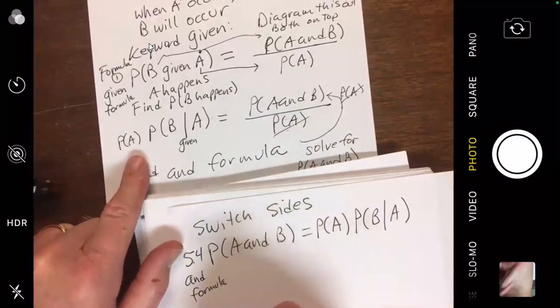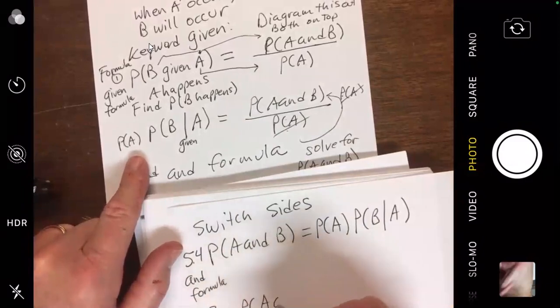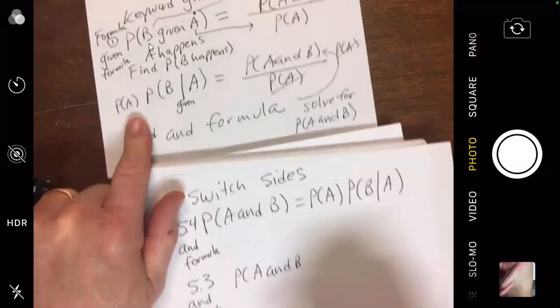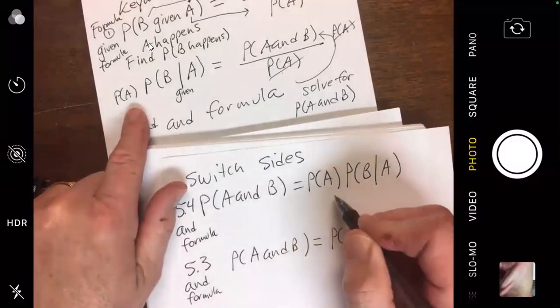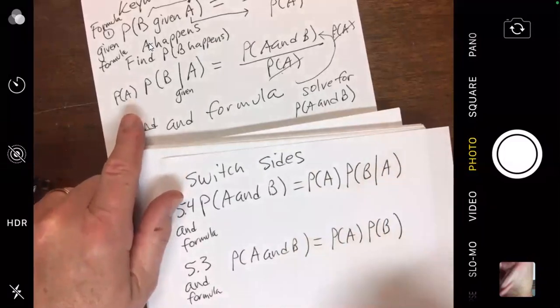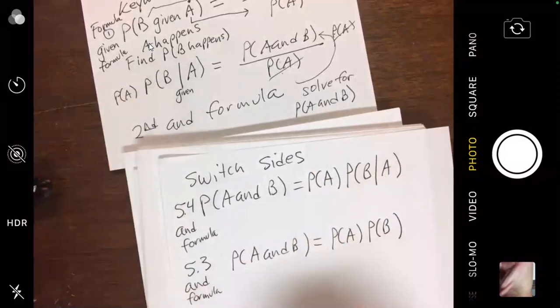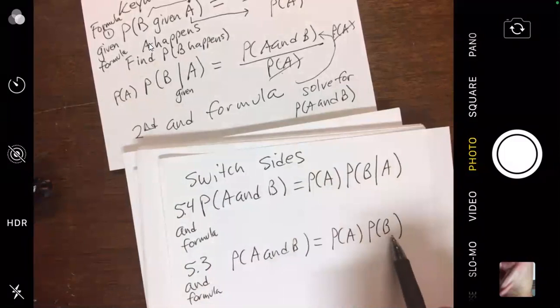Once again, to compare it to the 5.3 "and" formula, the probability of A and B, you have the first one just like this, but then you have just the second one. I know this all seems like a little bit of gibberish until you see some examples, but you can see that in 5.3 it doesn't matter that A has happened.